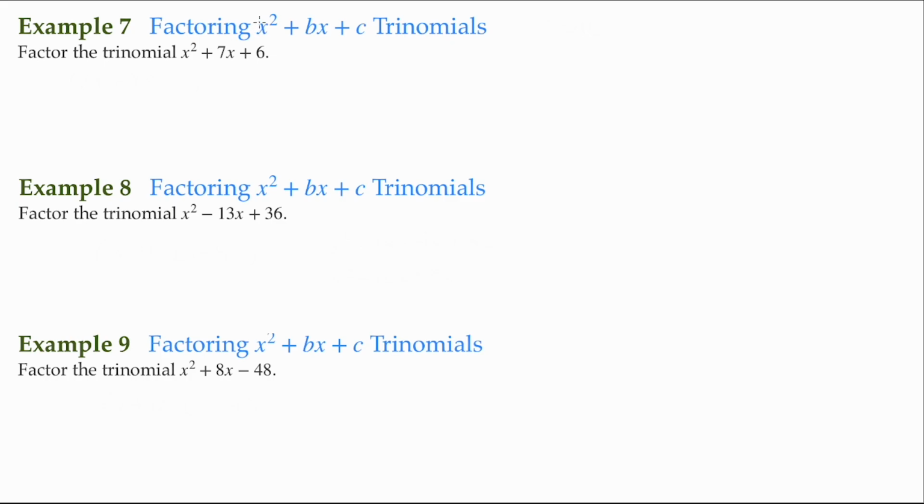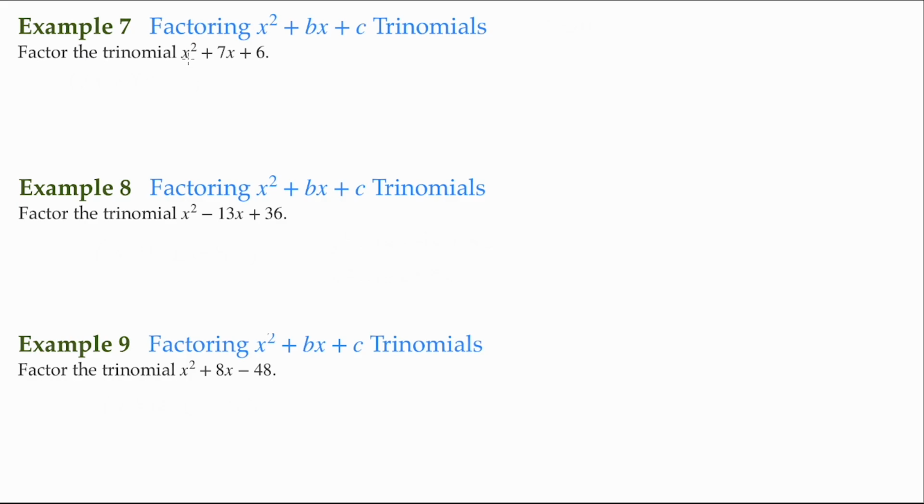Even though you don't see it there, 1 times x squared is x squared, but it's always got a leading coefficient of 1. The second term here, that has a coefficient that we label as b, and then the third term is a constant.